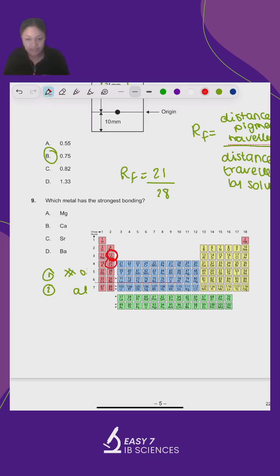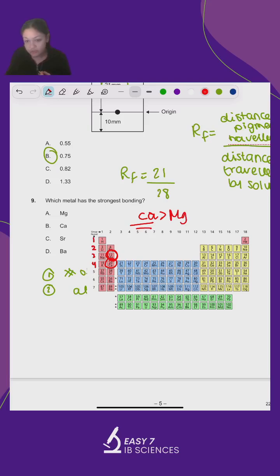It's going to be calcium. Because as we go from period 1 to period 2 to period 3 to period 4, we increase the number of shells. If we increase the number of shells, that means we have a greater atomic radius. So calcium has a greater atomic radius than magnesium, which means that calcium is weaker than magnesium.